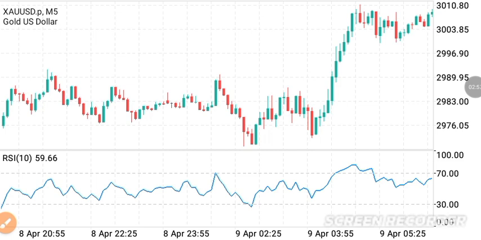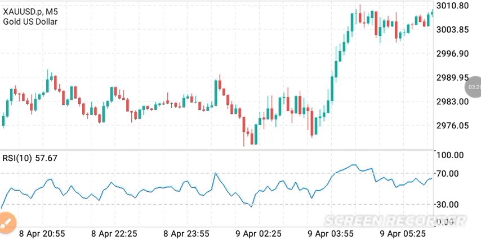Sometimes it is going to show you false signals, but in many cases it shall be guiding you on how the market is going to move. If it is going to sell, it will show you. If the market is going to break the higher high, the RSI is going to break its own higher high before maybe the real market forms the higher high.